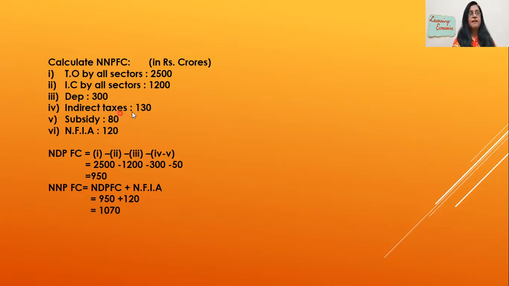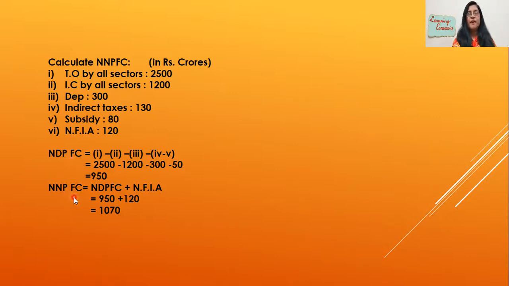For finding net indirect tax, we deduct subsidy from indirect tax. So subsidy is 5th, and indirect tax is 4th. So total output minus intermediate consumption minus depreciation, and net indirect tax is calculated by indirect tax minus subsidy. Now you can see we have taken in the same manner 2500, 1200 minus 300 minus 50, and we have got the answer 950. This is NVAFC and this is also NDPFC. So we have used the formula of NVAFC and we have found NDPFC.